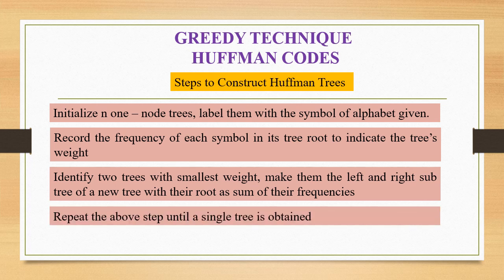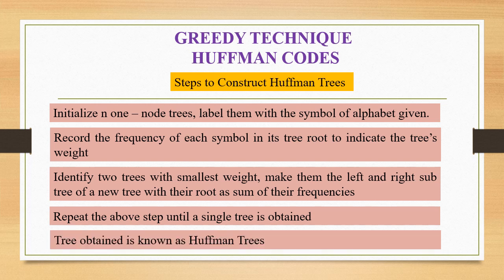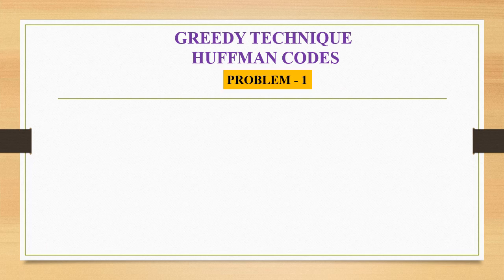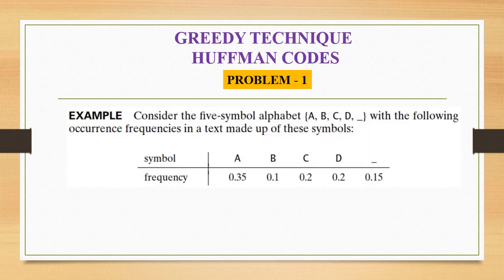Repeat this step until a single tree is obtained. Once the tree is obtained, we traverse it and assign code words to each branch, and find the code word for each character. We will see a problem and how it works.